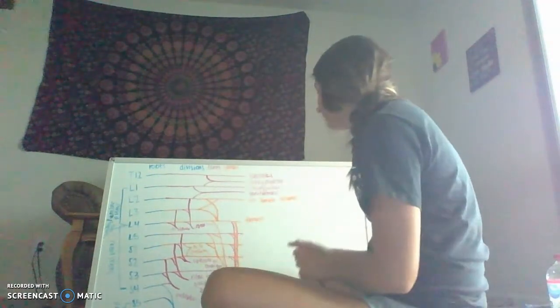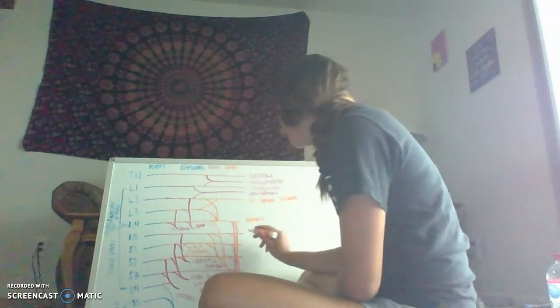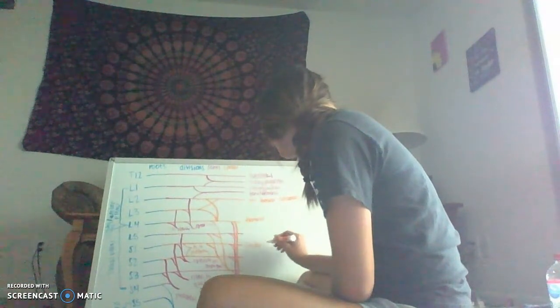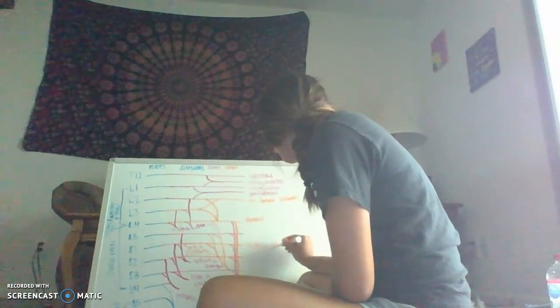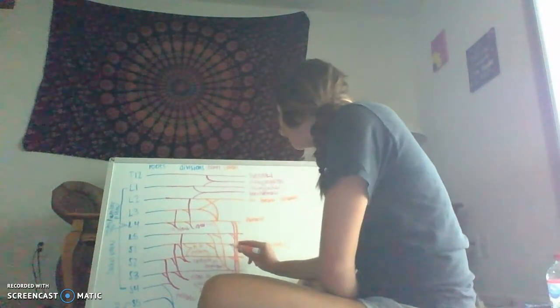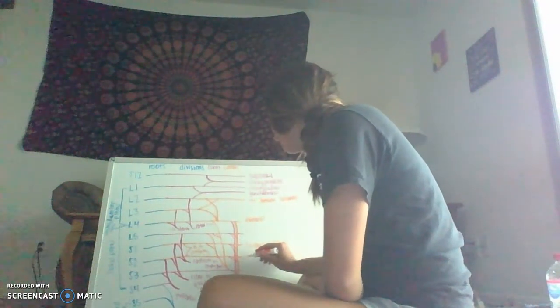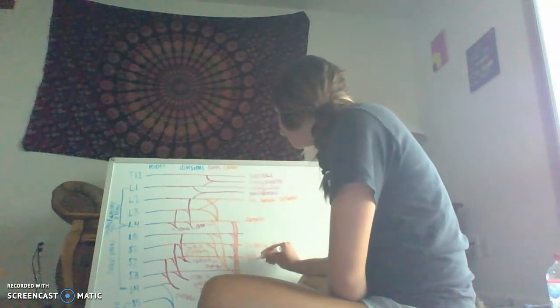And then off of S1, we have the superior gluteal nerve, which is also coming from L4 and L5. And then below that, from L5, S1, and S2, we have the inferior gluteal.